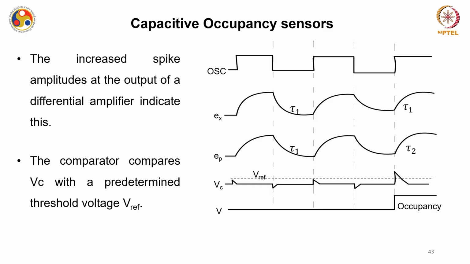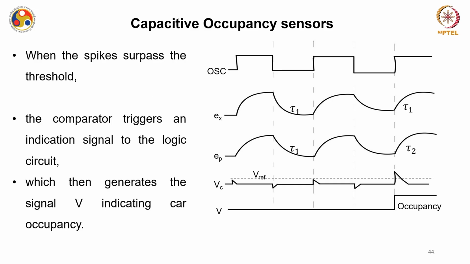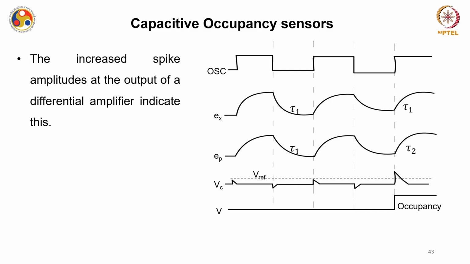The comparator compares this Vc value with the predetermined threshold value, which is set based on a calculation of the body weight, or taking into consideration the minimum weight expected. Now, when the spike surpasses the threshold, the comparator triggers an indication signal to the logic circuit, which then generates the signal V indicating car occupancy.